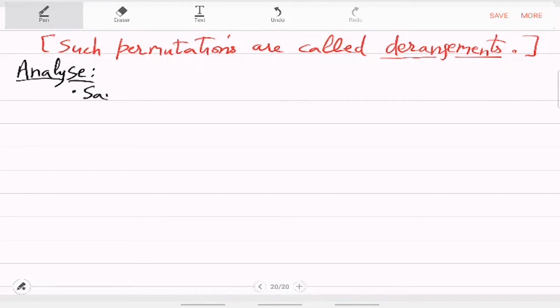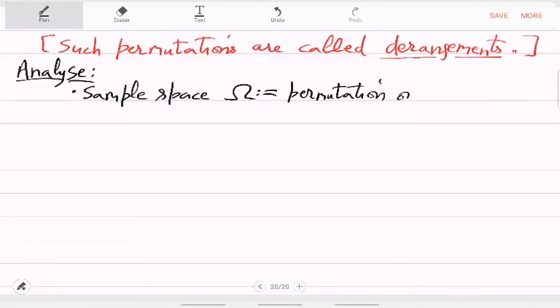Okay, so the sample space is permutations on the n letters. So, every possible permutation on n letters. It is n factorial in size, that is the sample space.